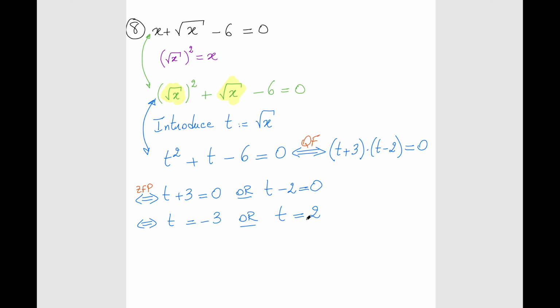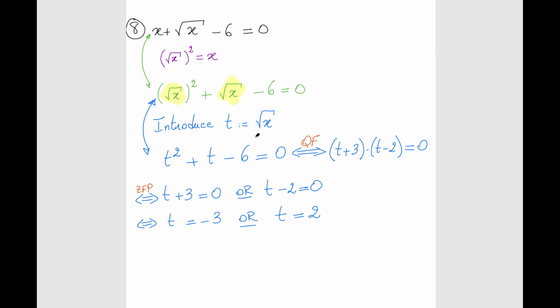And now we want to translate information all the way to the x environment via this relationship between t and x. The t is square root of x. So this is the connection between the t environment and the x environment. Make sense?